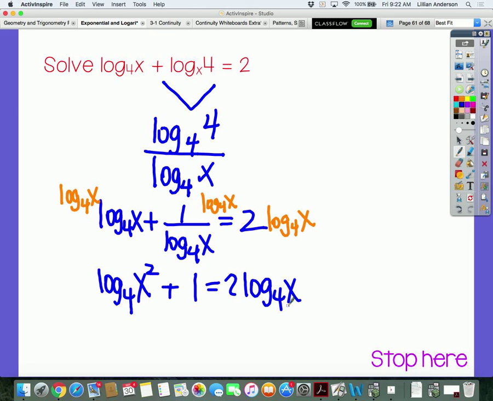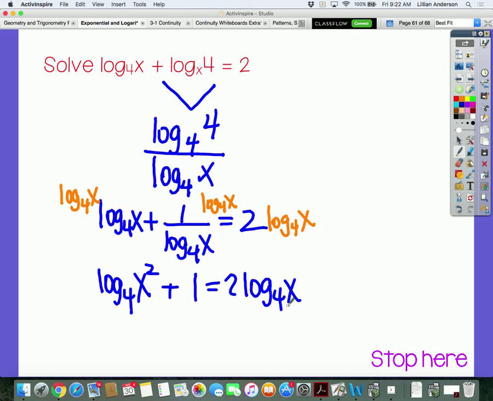Questions up to this point? Have I lost any? All right. Now, my logs are on opposite sides of each other. I don't want that. So I need to get them together and I need to get that number by itself. What can I do?